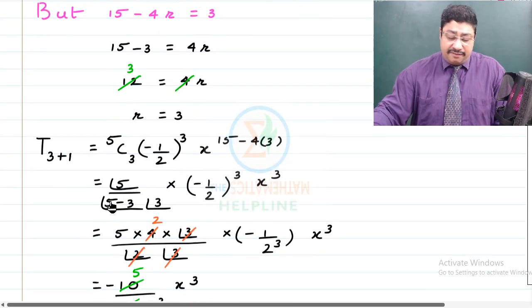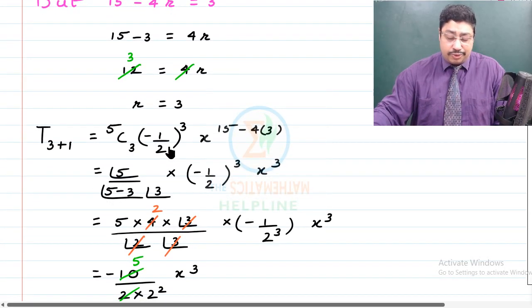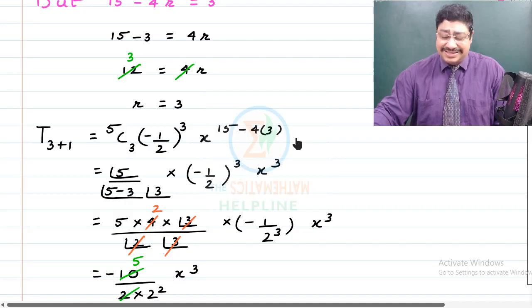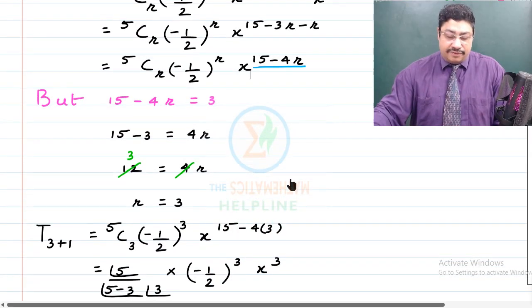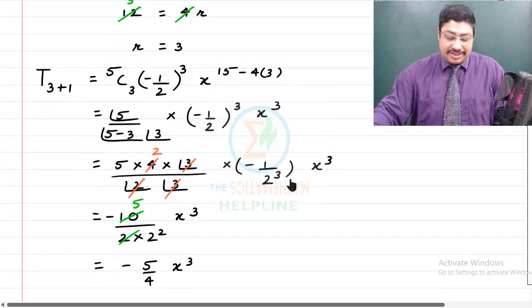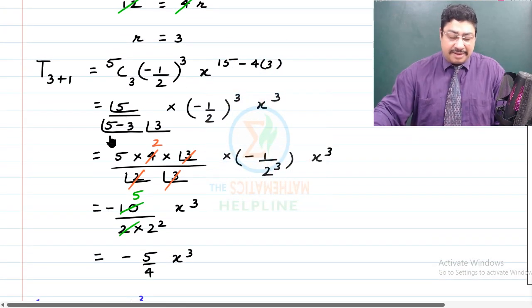So it becomes 5C3 times minus 1 upon 2 raised to the power 3 times x raised to the power. We calculate this for final satisfaction, and this actually is going to give us x cube, right? So further here, we keep that value, and this comes to factorial 5, which is divided by factorial of 5 minus 3 times factorial of 3, the number in the suffix.